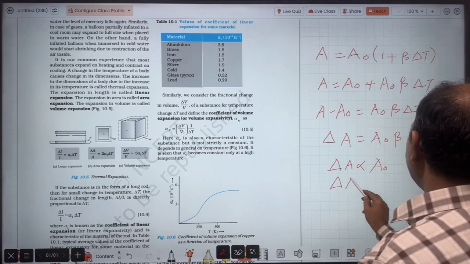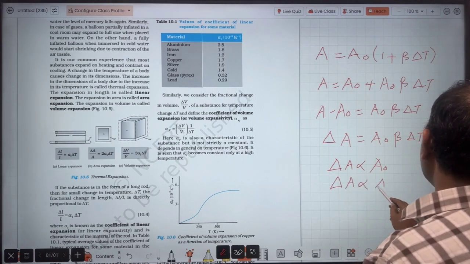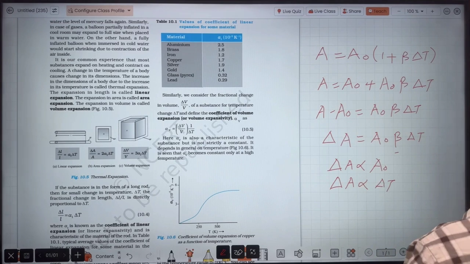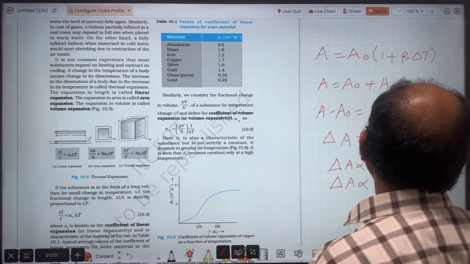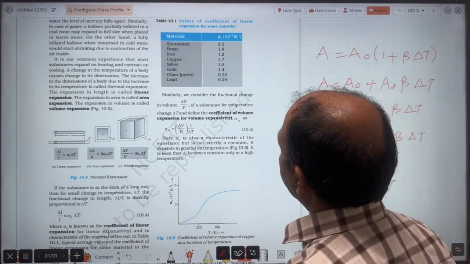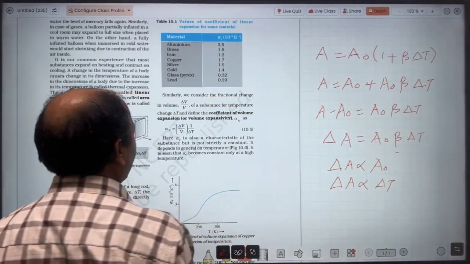Change in area is proportional to temperature difference, right? Here beta is coefficient of superficial expansion and unit will be same as that of alpha.